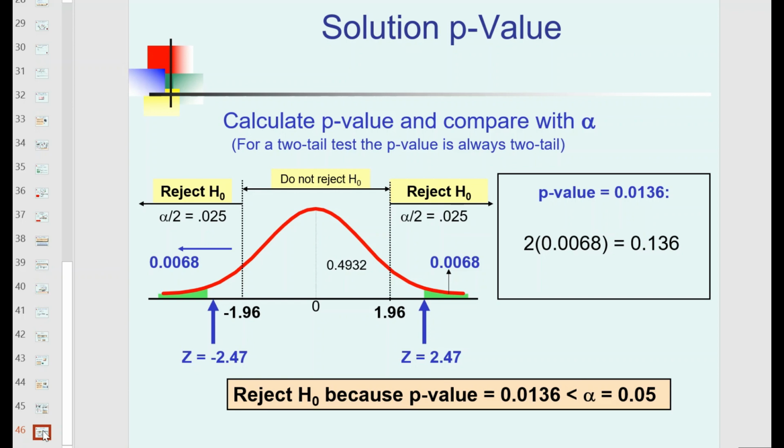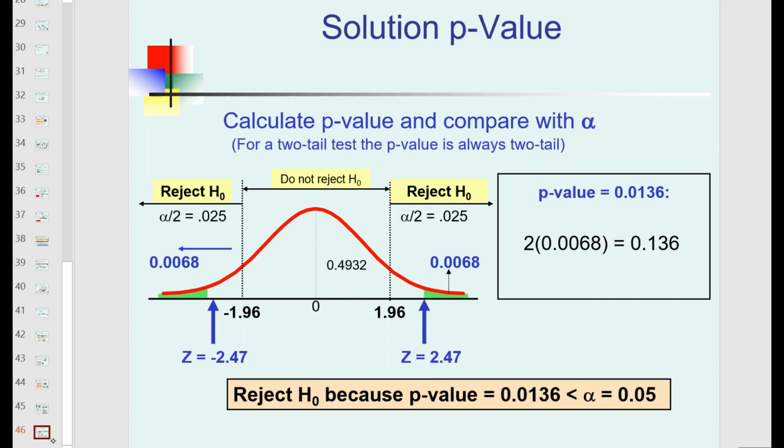So again here, calculate the p-value and compare with alpha. So this is on the p-value. Again, you refer to the Z table for this negative 1.96. You read from your Z value negative 1.9, right? And you take 0.06.